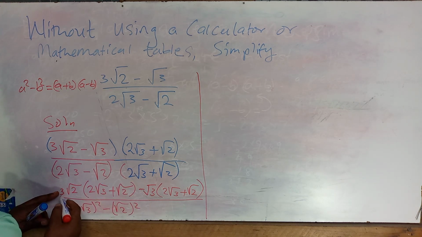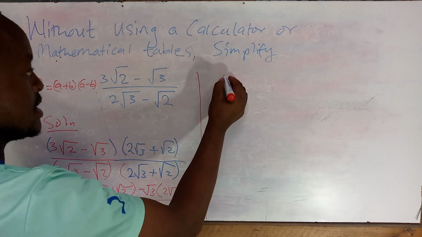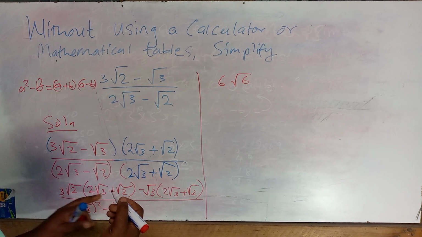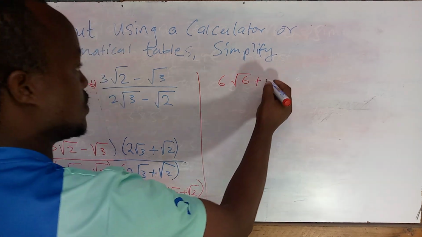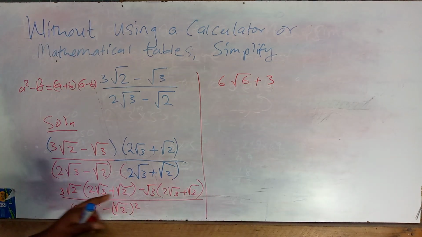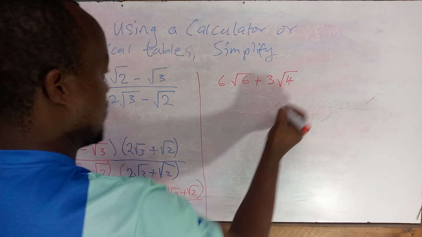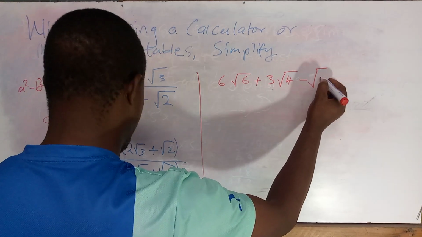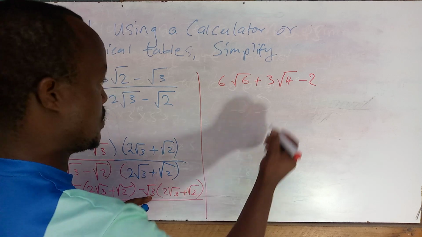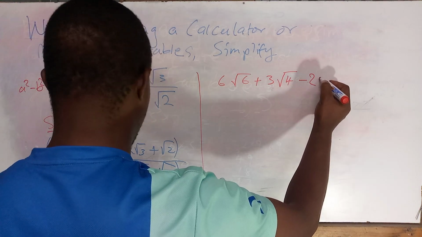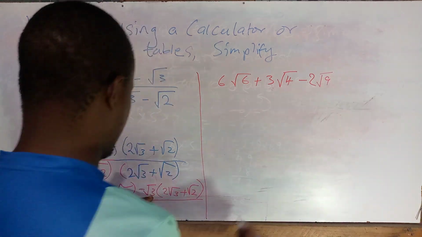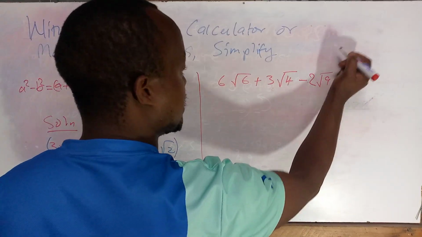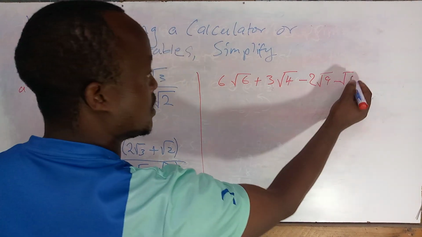This will be 2 by 3, that is 6, root 2 multiplied by 3, that is root 6, then plus 3 root 2 times root 2, and this one is like root 4, then minus 2 root 9, 3 multiplied by 3, plus, if you multiply this, it will give us minus root 6, over.